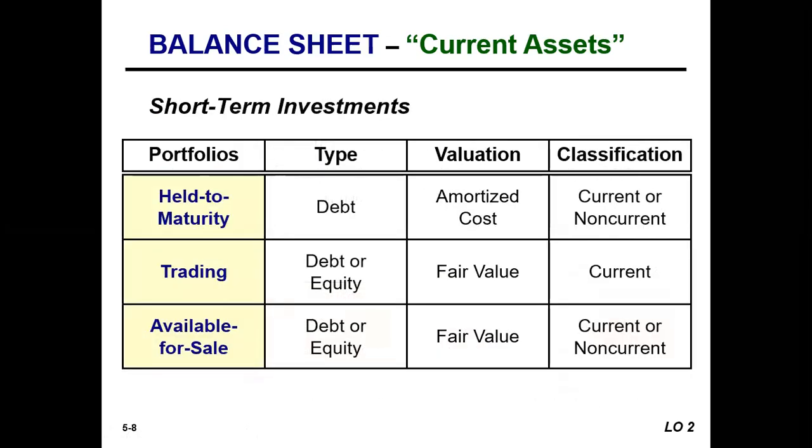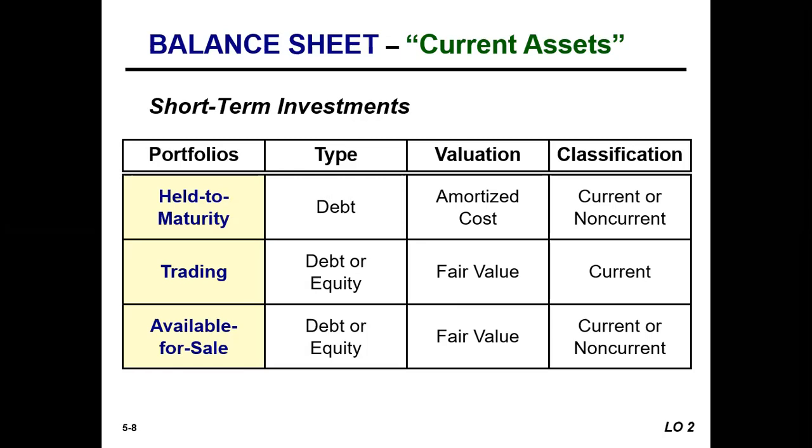All right, short-term investments. So we divide short-term investments into either held to maturity, trading, or available for sale. Held to maturity, and this is on page 206 of your textbook, are debt securities that the company has the positive intent and ability to hold to maturity.